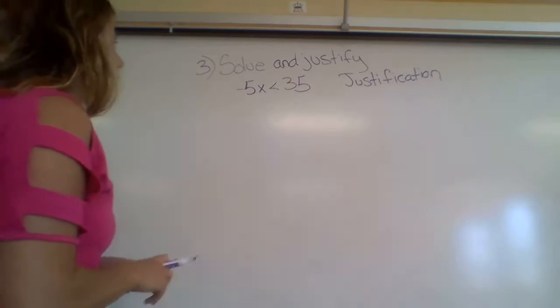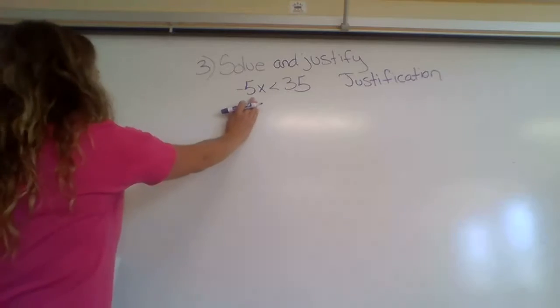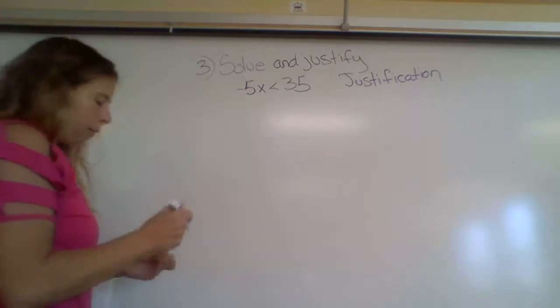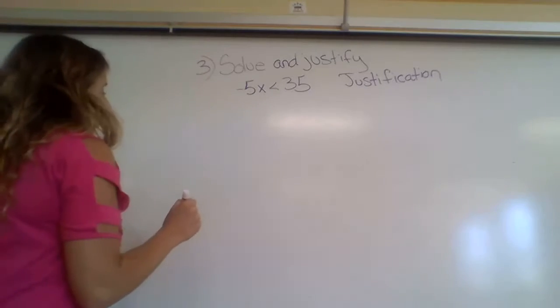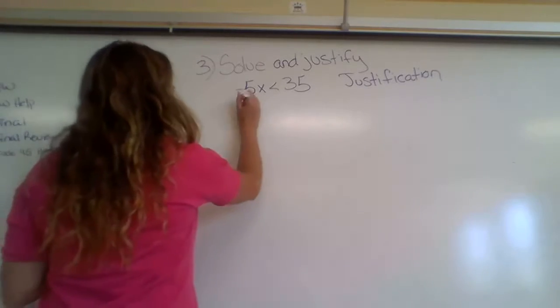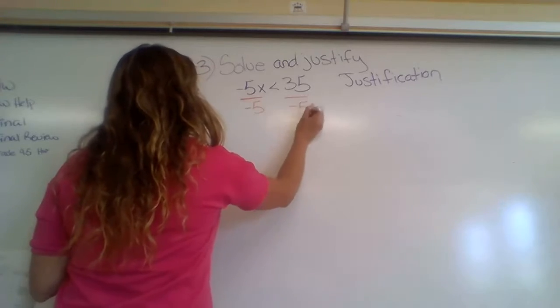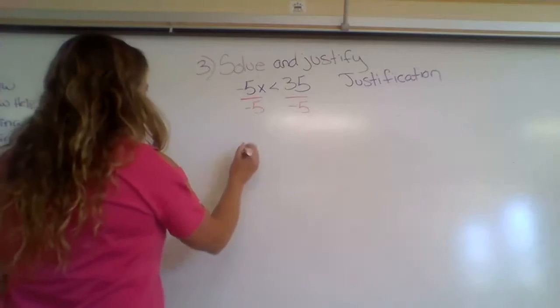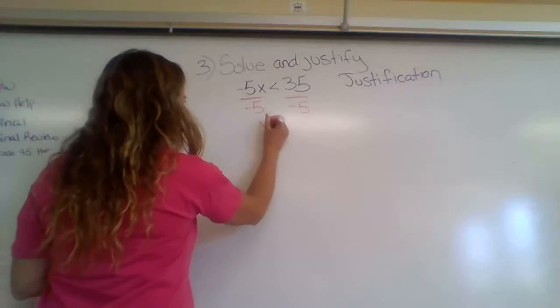All right, I'm going to solve this inequality. I have negative 5x is less than 35. I'm solving for x, so I'm going to divide both sides by negative 5. Negative 5 divided by negative 5 is 1, that's just x.